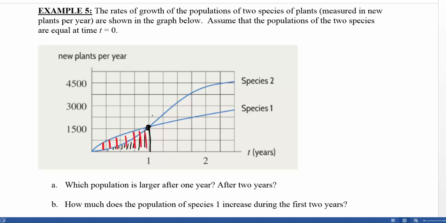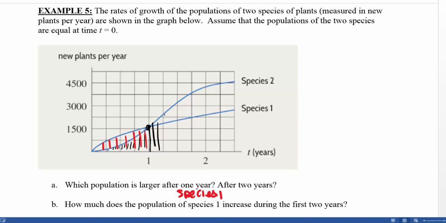So we can see that there's more area under species 1 than under species 2, which means that we've grown more new plants for species 1 during that first year. So after 1 year, species 1 is bigger.